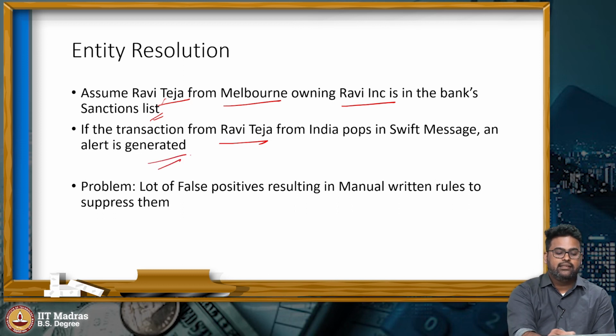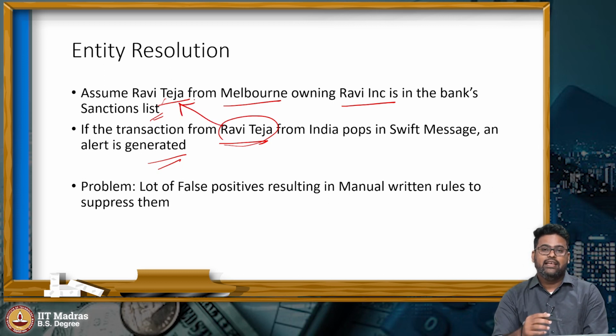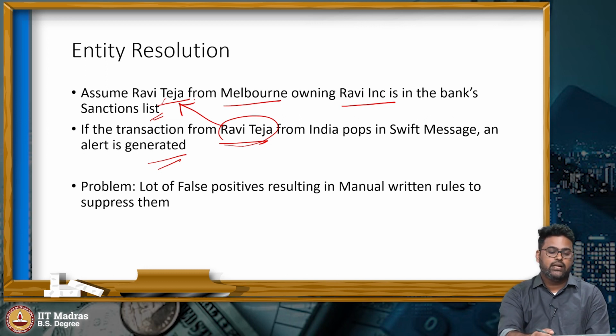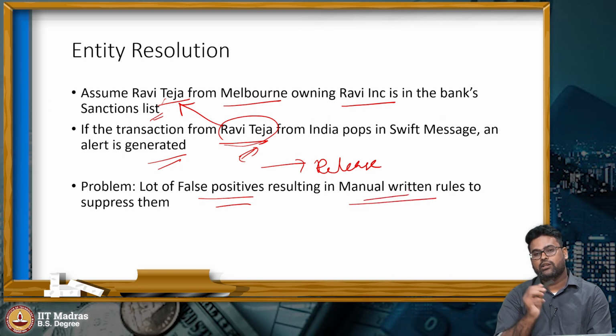An alert will get generated because the name is getting matched with the particular Ravi Teja in the list. Once they investigate this alert, the bank investigative team knows that this is not the same guy, and they will release the transaction. But as you can see, a lot of false positives get generated in manually written rules. So entity resolution essentially is the concept of identifying these two as different entities.